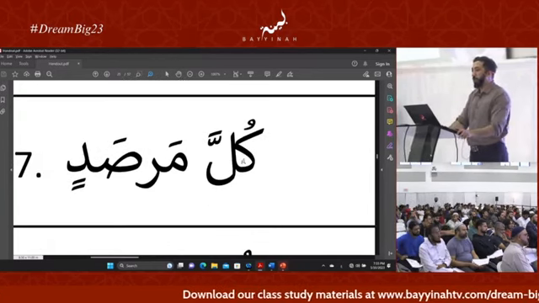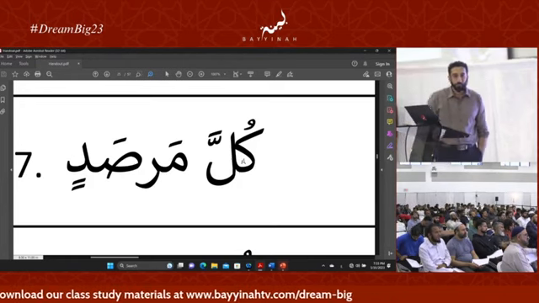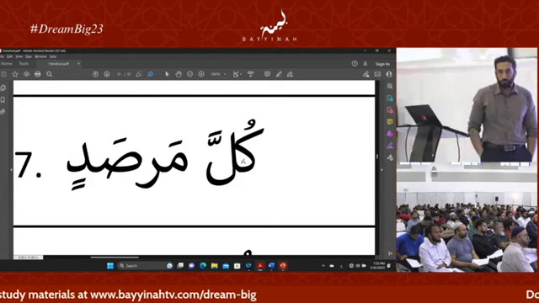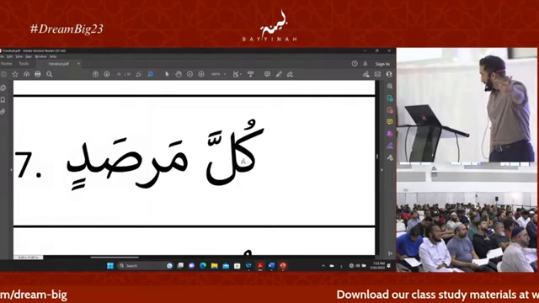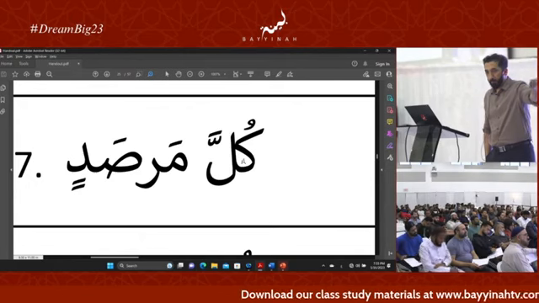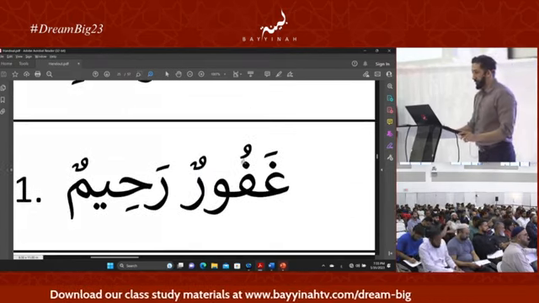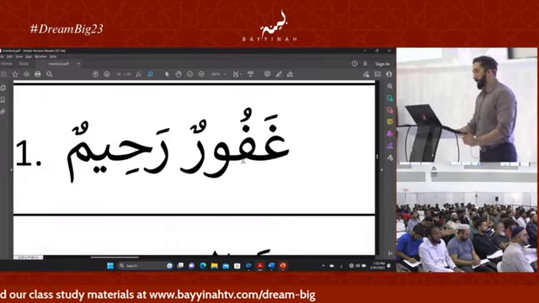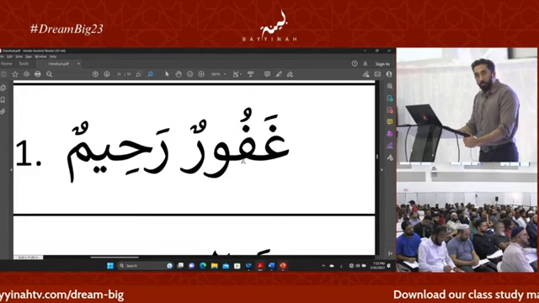Okay, try kulla marsadin. Kulla, light, no al. Marsadin, pretty juicy. I like it. This is a mudaf and a mudaf ilayh. Very nice. This is in the Quran. Don't get this wrong. Ghafurun Rahimun. But it's in the Quran.